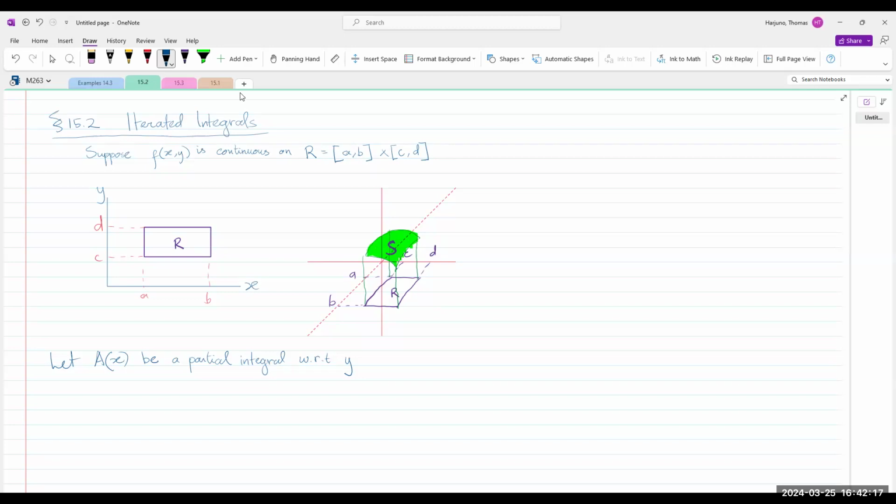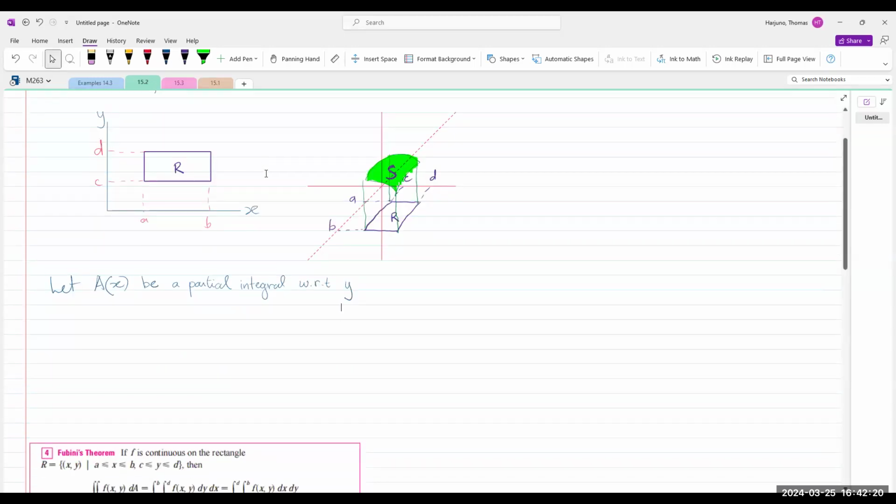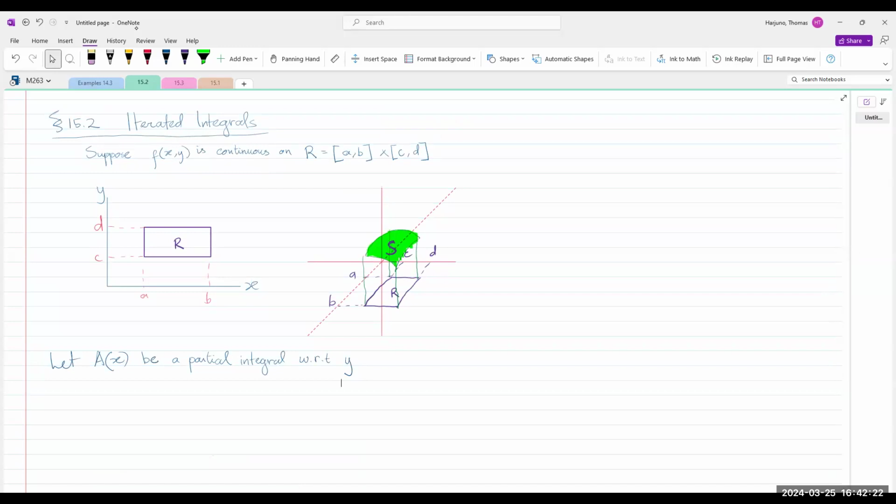What is that? What happens is we choose an x between a and b. Let's say this x here. In our 3D picture, let's say that's the x here.